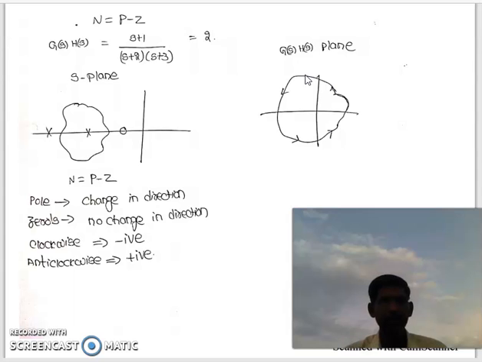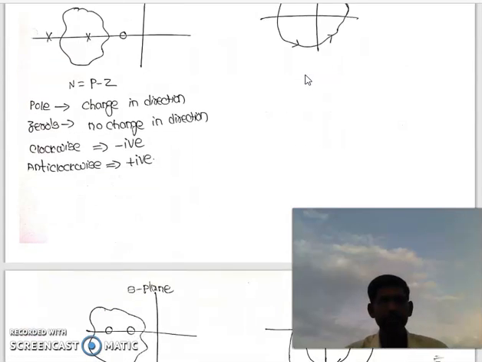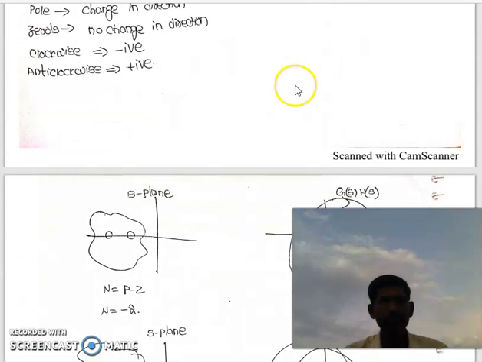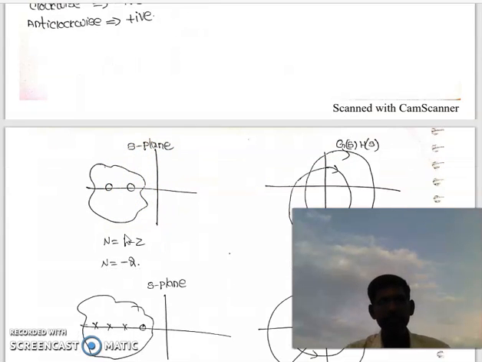Suppose, for example, we have two zeros in this plane. When we have two zeros, N equals P minus Z. The number of poles is 0, so N equals minus 2, as two zeros are there.